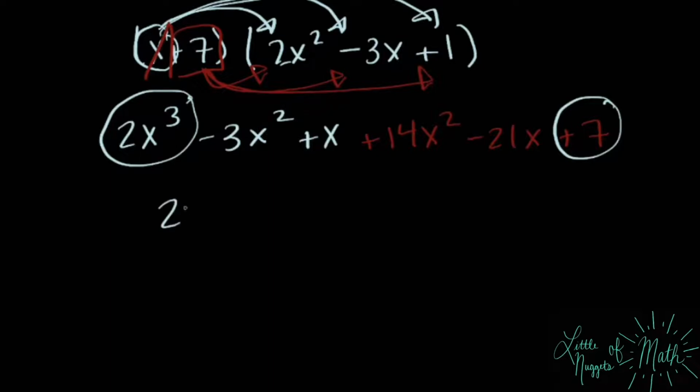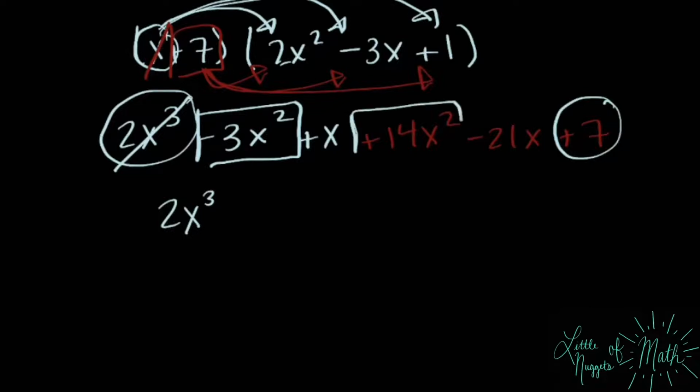We'll start with 2x to the third. When we look at negative 3x squared, that's the next degree down, we want to combine it with anywhere else where we see an x squared. So the other place we see it is 14x squared. Negative 3x squared plus 14x squared is positive 11x squared.